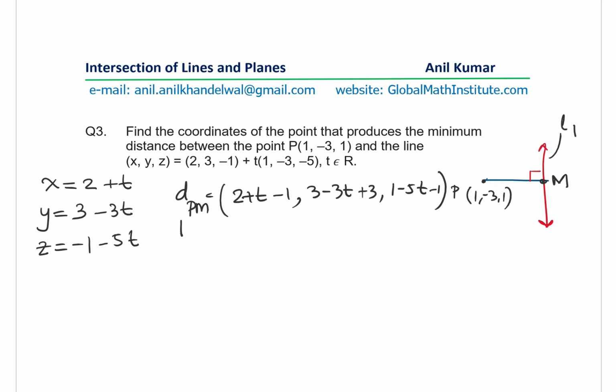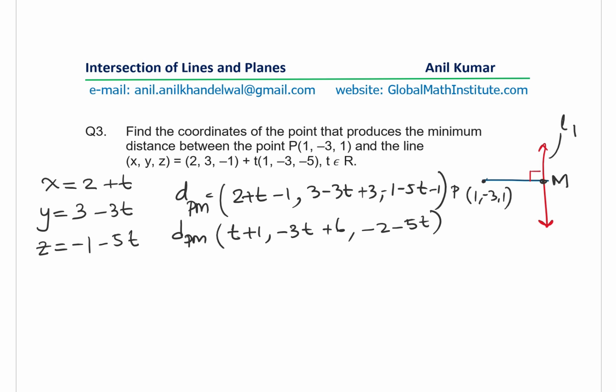So this direction of the line from P to M is (t + 1, -3t + 6, -2 - 5t). Correct. So that is what we have.